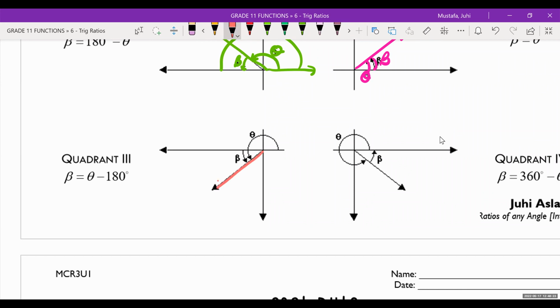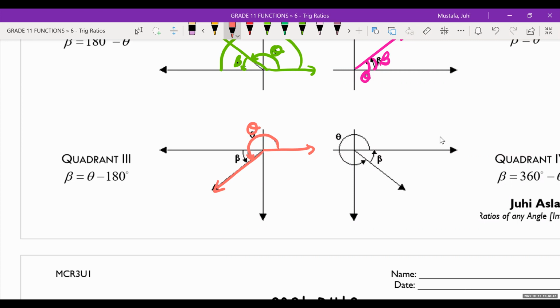For the third quadrant, we have a terminal arm there. We have the initial arm there. We always measure our principal angle, our theta, from the initial arm to the terminal arm. I'm trying to use as much vocabulary as possible so you guys can start to become familiar with it. So initial arm to terminal arm, the angle of rotation is called your theta or your principal angle. That theta is definitely obtuse. It's much greater than 90 degrees.